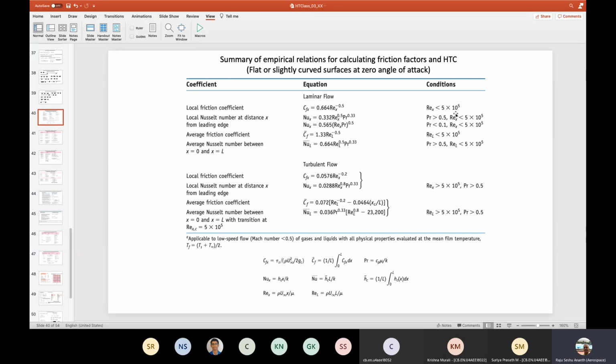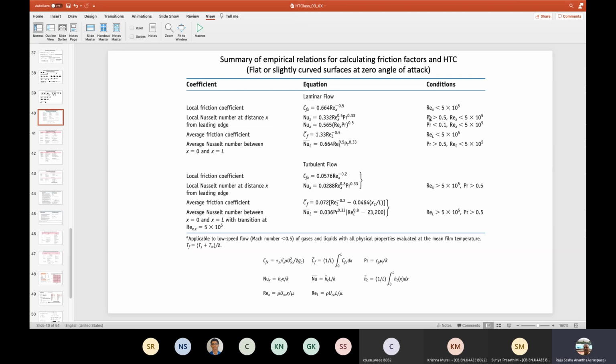If the Reynolds number is less than the limit, this is laminar of course, but if the Prandtl number is greater than 0.5, you apply the top one. For less than 0.1, a very small Prandtl number, in other words the thermal boundary layer is much thicker, like a liquid metal, in that case you use the lower correlation.